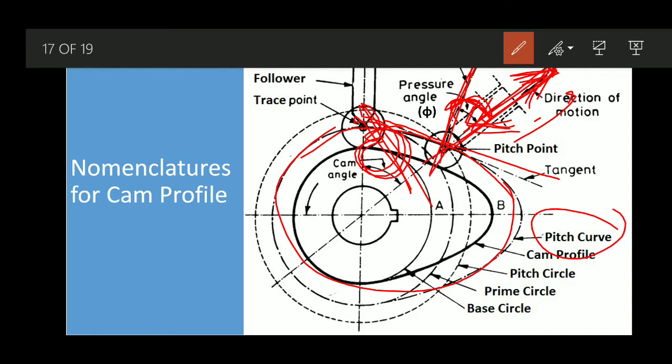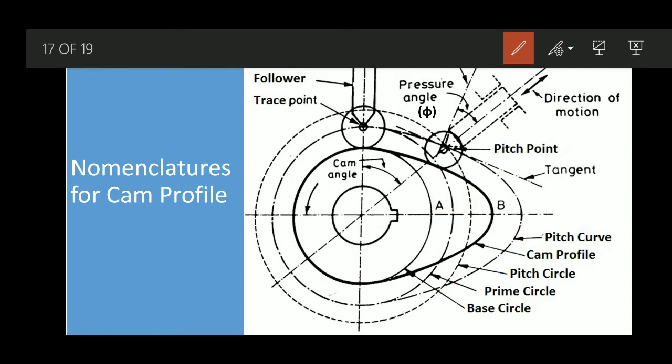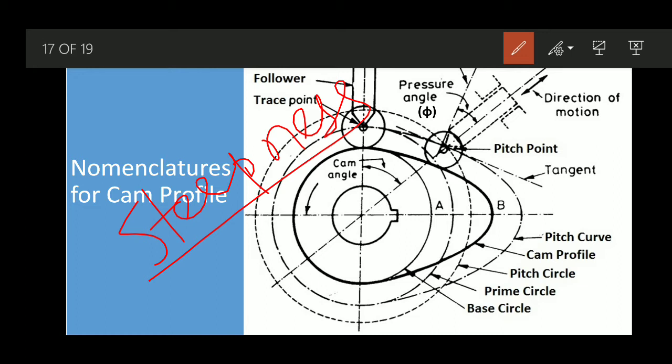Why is it important, and what does it denote? Basically, this pressure angle represents the stiffness of the cam profile. How stiff is the cam profile?